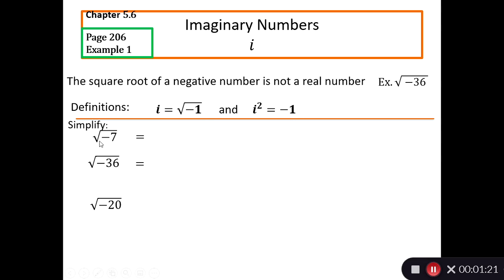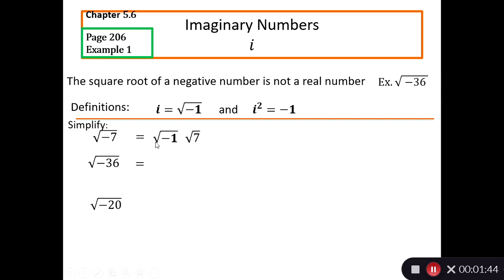So when we come down here to simplify, what we're always going to do is pull out the square root of negative 1, because that multiplied by the square root of 7, because remember we always multiply what's inside and also what's outside. So this is negative 1 times 7 will give me the negative 7. But I pulled this out.